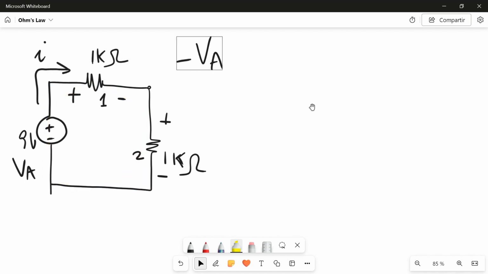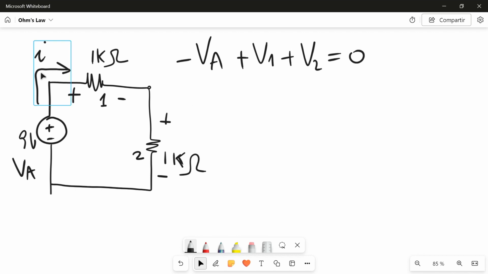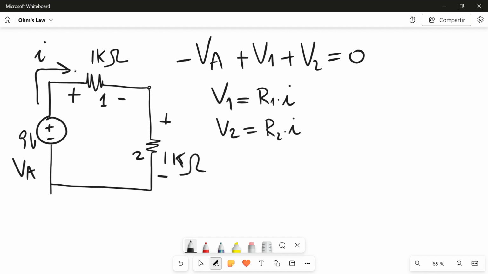So if I do this round, I will have minus VA plus V1 plus V2 equals 0. And then with the convention of Ohm's law, as previously stated, V1 is equal to R1 times I, and V2 is equal to R2 times I.